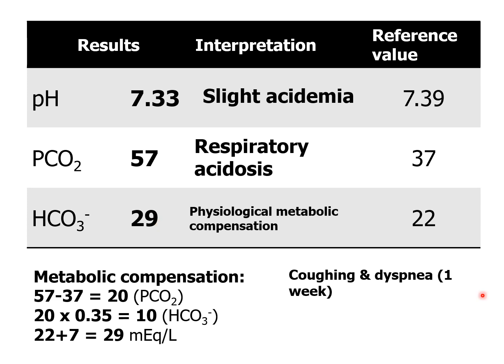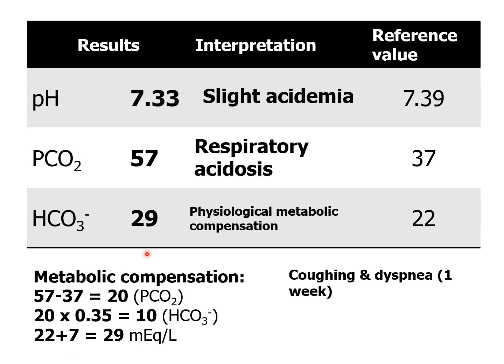So it is said that the normal dog can increase its bicarbonate by 0.35 milliequivalent per liter for every 1 mmHg increase in the PCO2 in a chronic disturbance. So therefore, the expected bicarbonate should be 29 milliequivalent per liter.